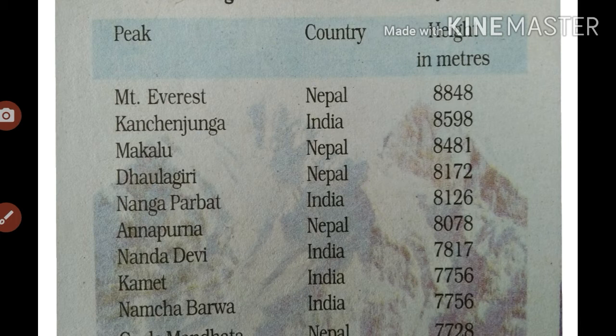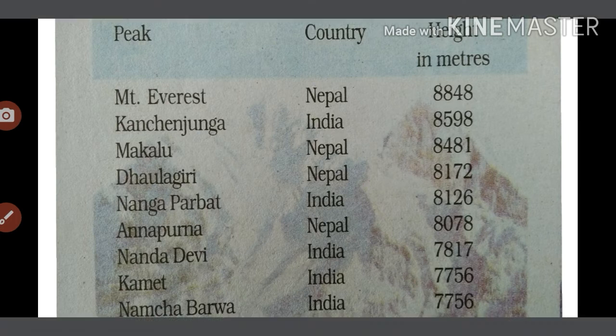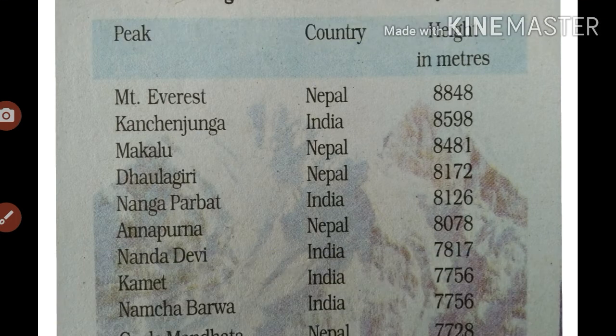Then Namcha Barwa in India, its height 7,756. Then Gurla Mandhata in Nepal, its height 7,728.